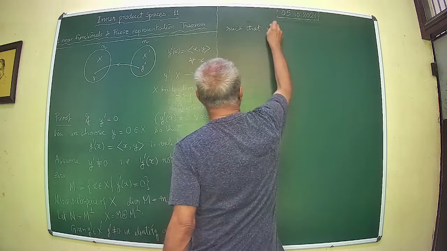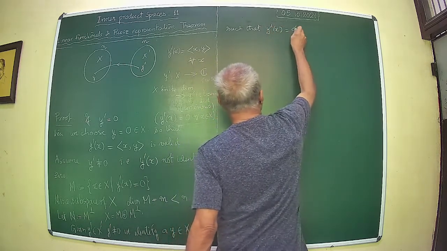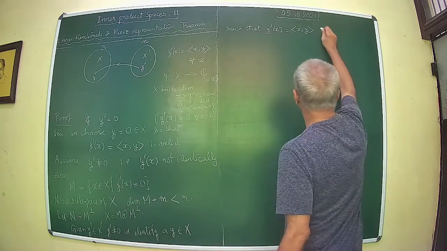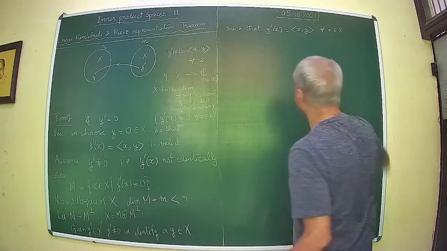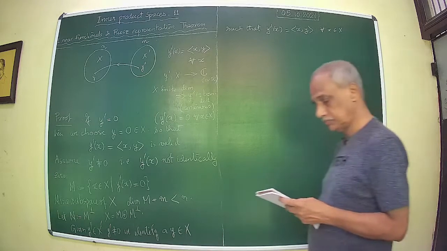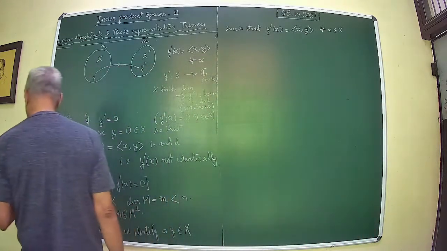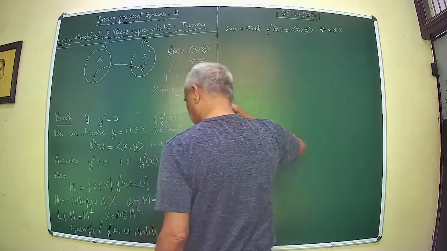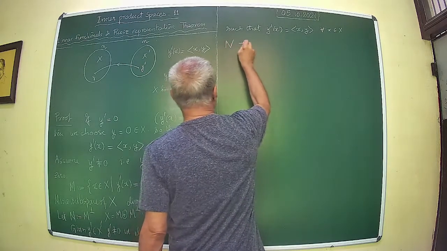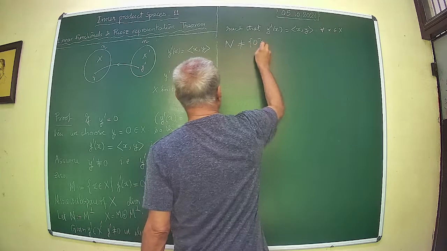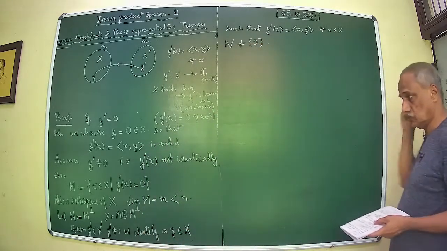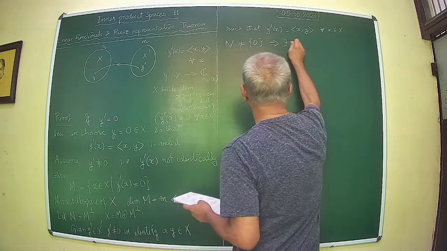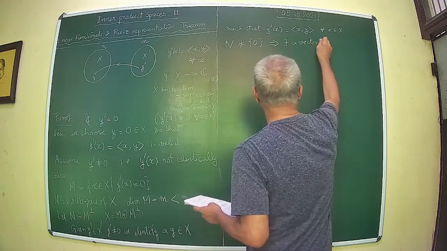Such that, now you see, n is not equal to 0, which implies there exists a vector y naught.